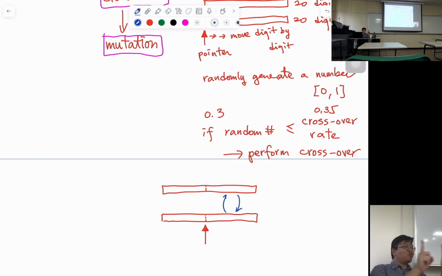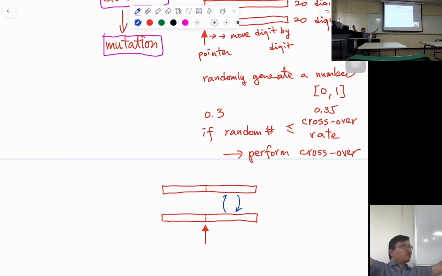Sometimes it's called a 2-point crossover. So they randomly generate 2 positions, maybe the middle part, swapping. Why do they want to do this swapping? And why don't they want this ratio to be too high? Because think of the chromosome. It's basically a string of 0 and 1.